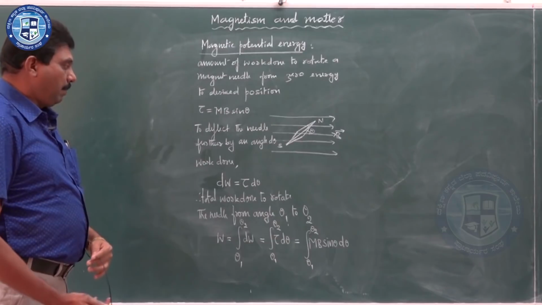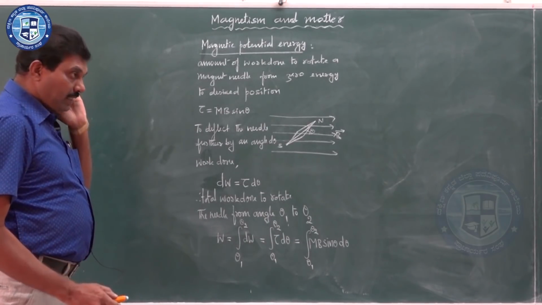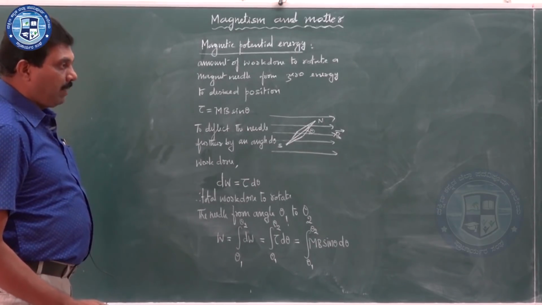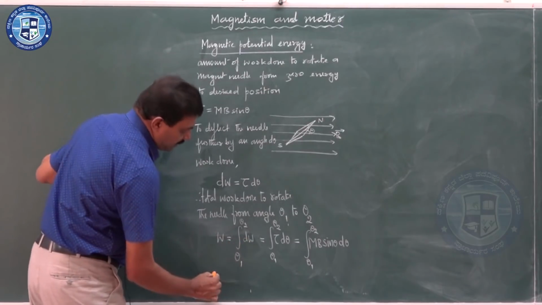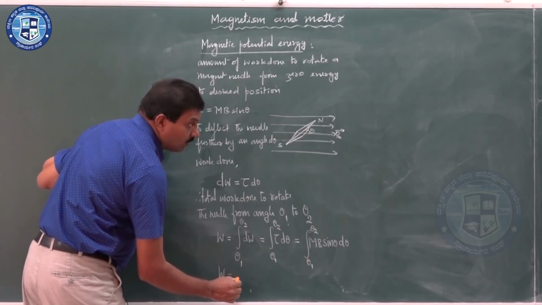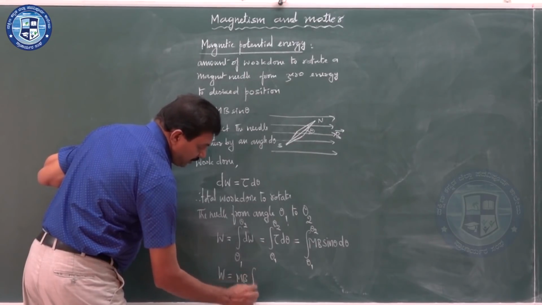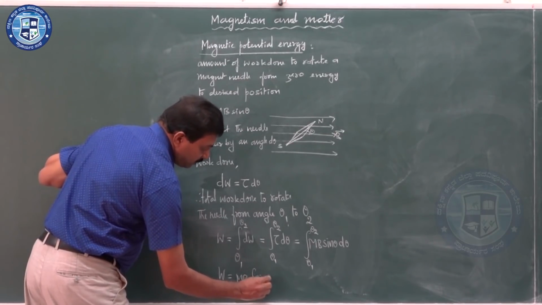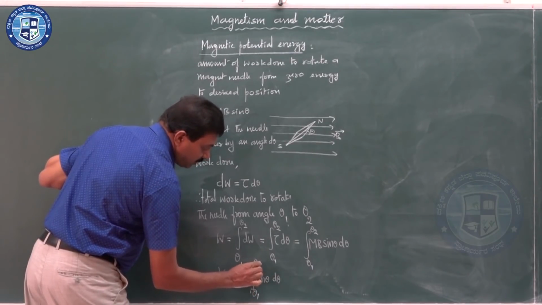Now you will take m and B constant, because B is uniform and m is the magnetic dipole moment. So you will get W is equal to m B integration of sin theta d theta from theta 1 to theta 2.